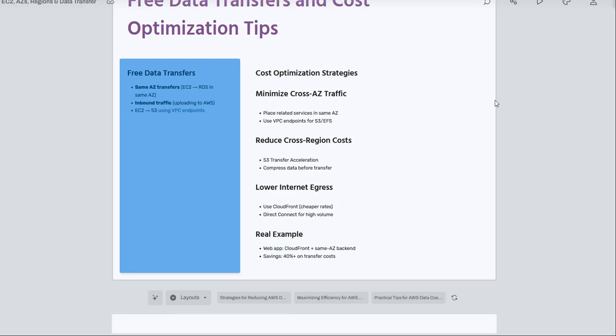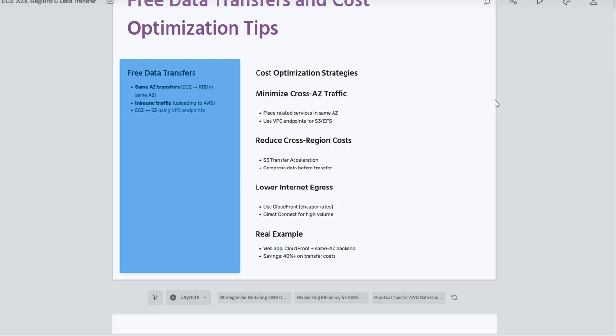And some real examples, like a web app, use CloudFront with the same availability zone for the backend. If you have the data, or RDS instance or something, just put that in the same availability zone. If it's an application server and RDS, you put them in the same availability zone to make sure you get no data charges.